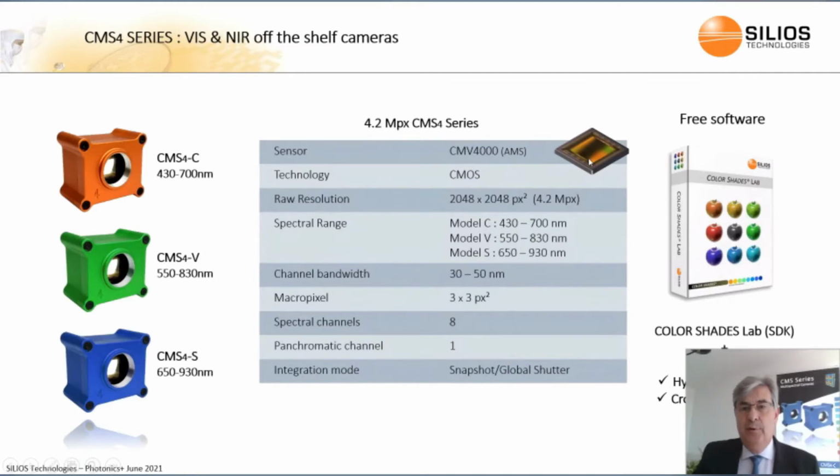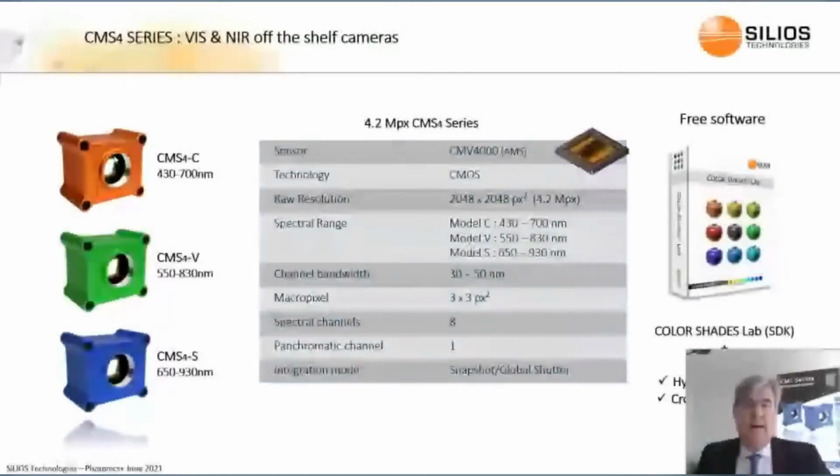So it's 4.2 megapixels. But again, the wavelength ranges are the same: 400-700, 500-800, 600-900. And again, the Color Shades Lab software is provided with them free of charge. Also, they are the cheapest on the market with these features.